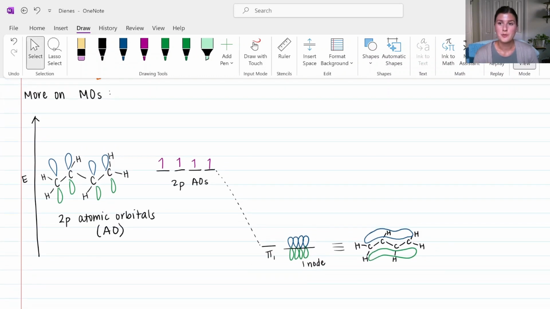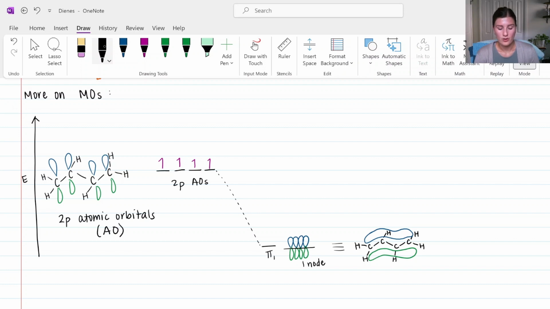A couple of things to remember from our previous videos on molecular orbitals. The number of atomic orbitals that you start with should be the same number of molecular orbitals that you end with. We start with 4 atomic orbitals, so we should have 4 molecular orbitals. We also know that whenever we form a bonding molecular orbital, we also form an antibonding molecular orbital.